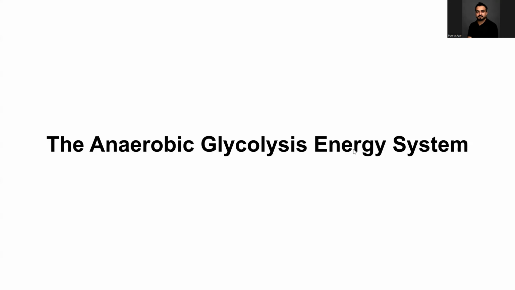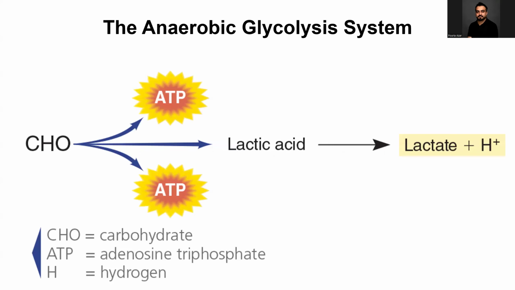The second major energy system is the anaerobic glycolysis energy system. CHO stands for carbohydrate. Remember, among the three macronutrients, only carbohydrate can play a role in the glycolysis system.